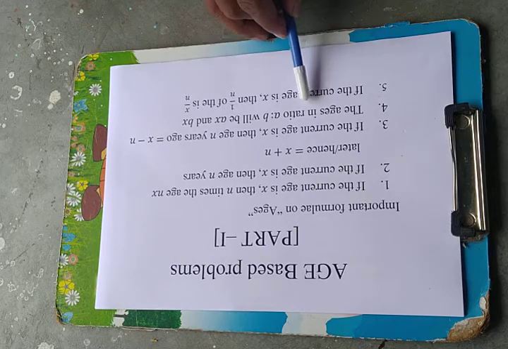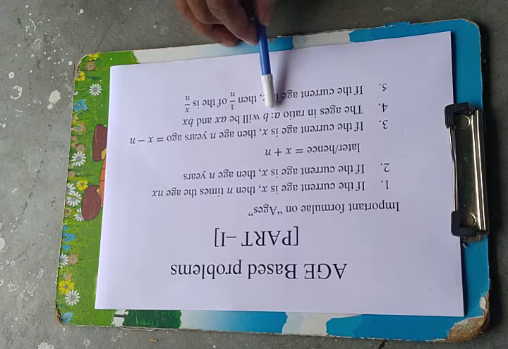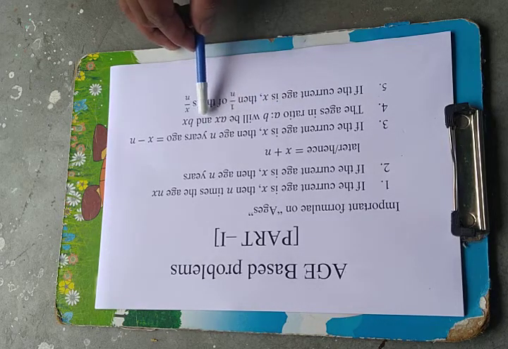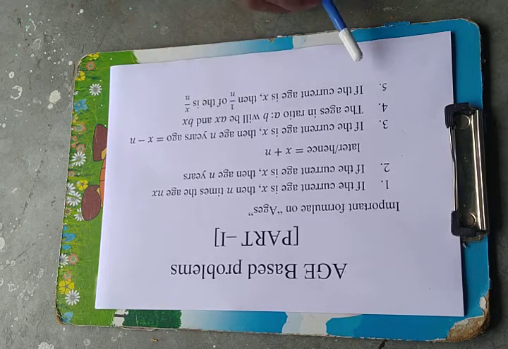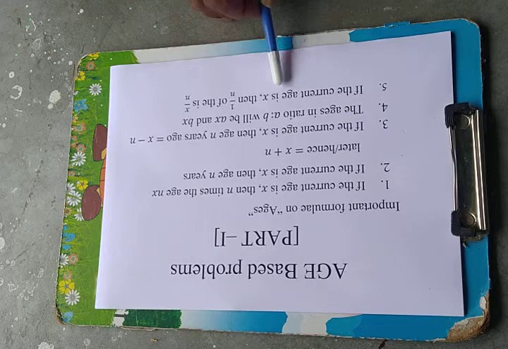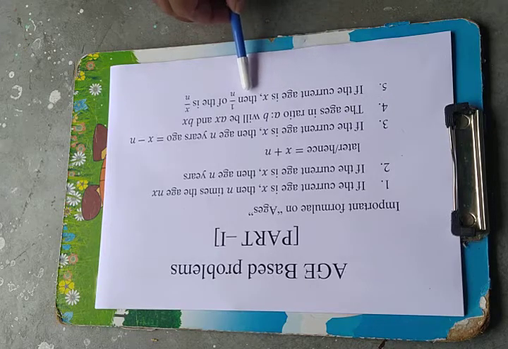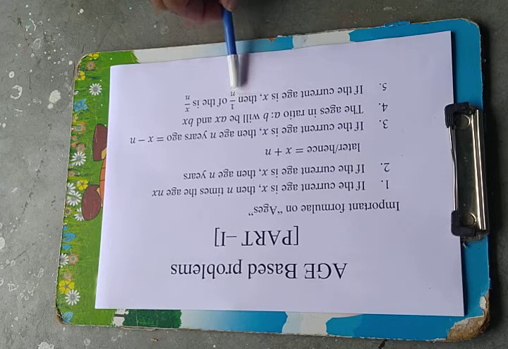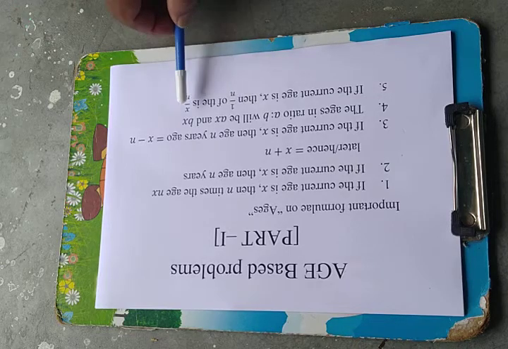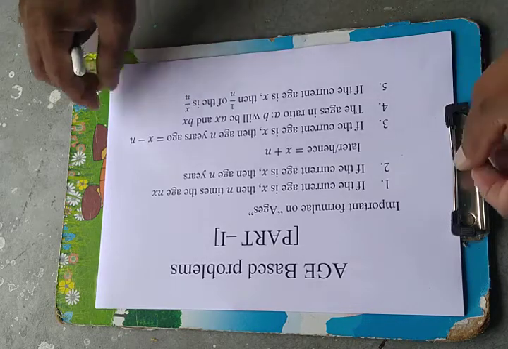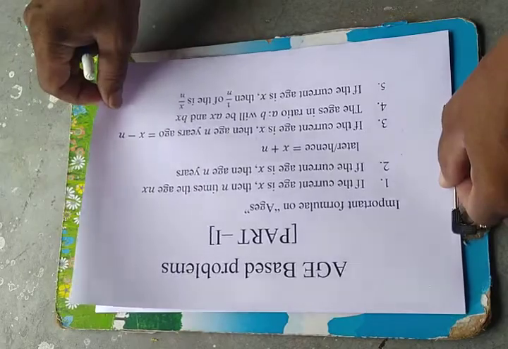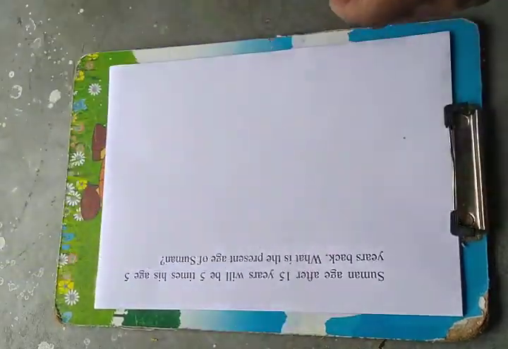The ages in ratio a is to b will be ax and bx. If the current age is x, then 1 by n of the age is x by n. Now we will discuss a few problems based on these formulae.